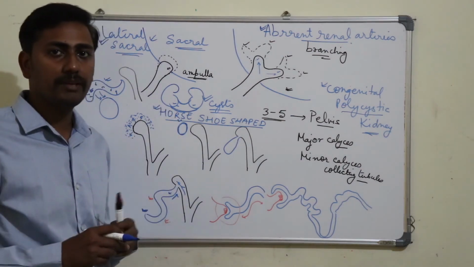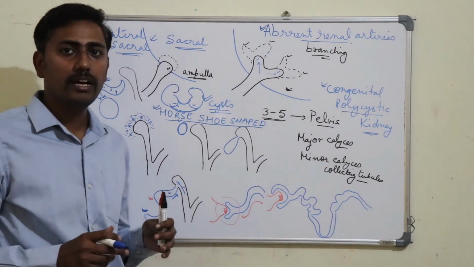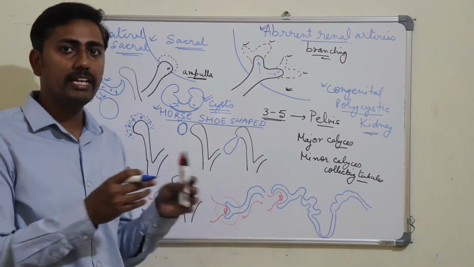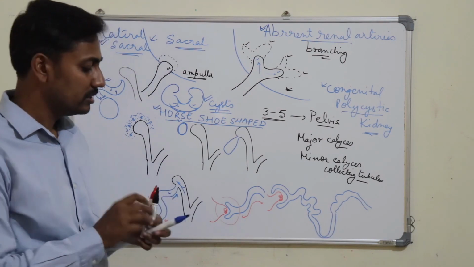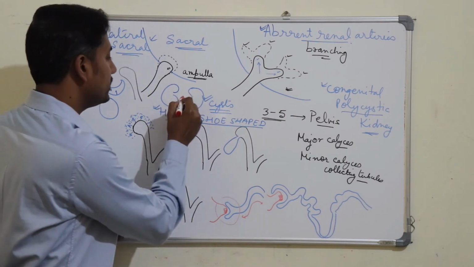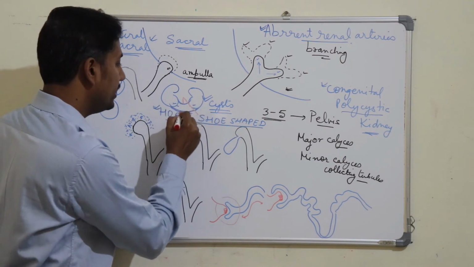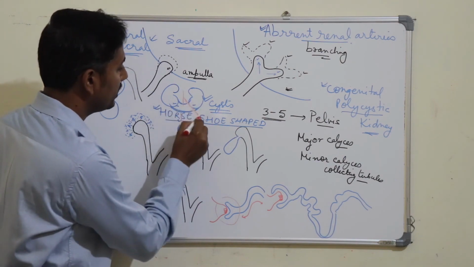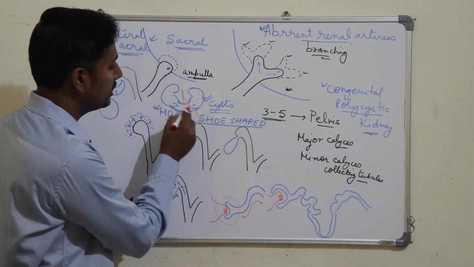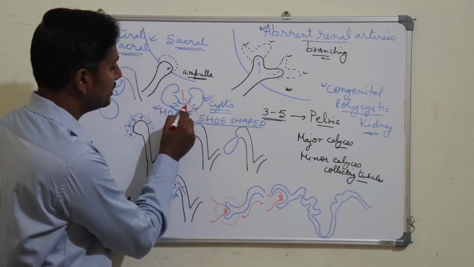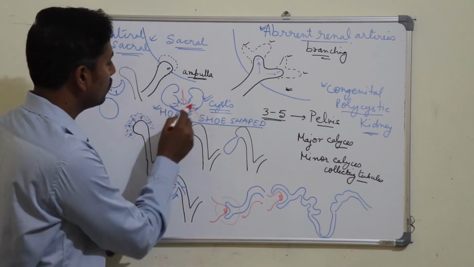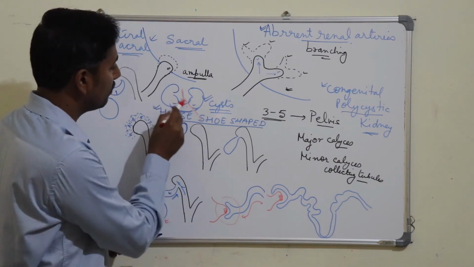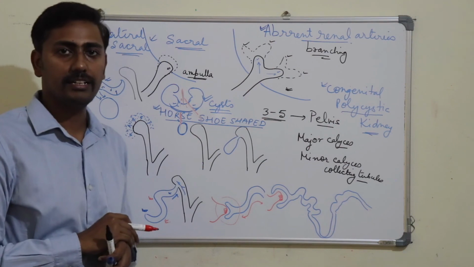A horseshoe-shaped kidney does not ascend higher than the level of the inferior mesenteric artery, because the inferior mesenteric artery, this is the inferior mesenteric artery from the abdominal aorta, will hinder the ascent of the kidney. Therefore, it doesn't go above the level of the origin of the inferior mesenteric artery.